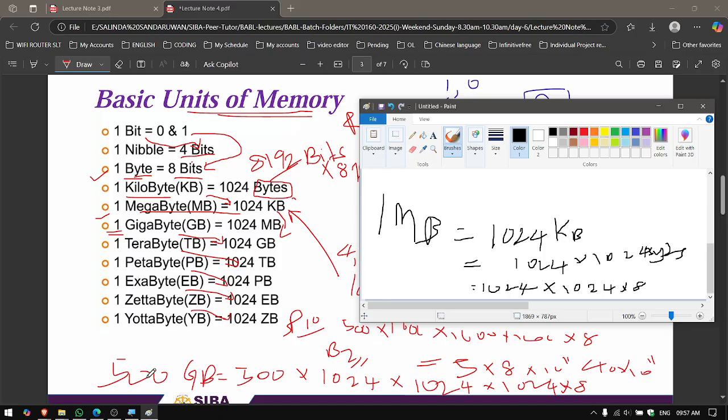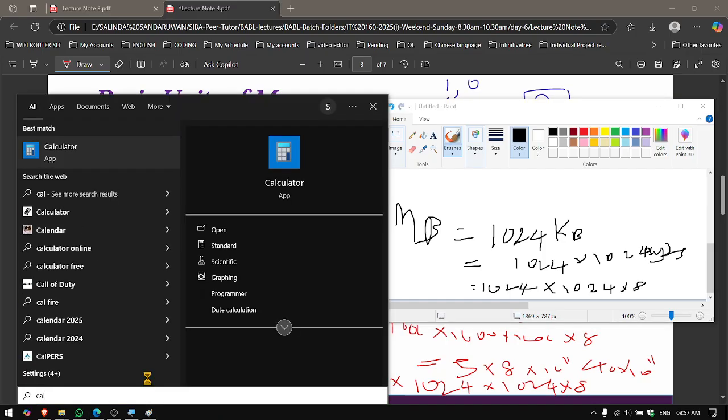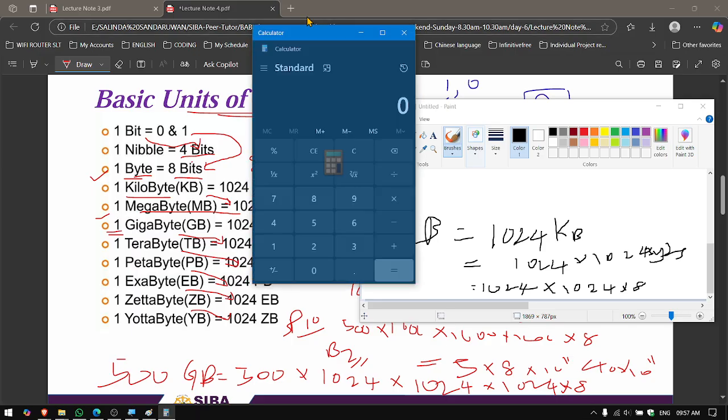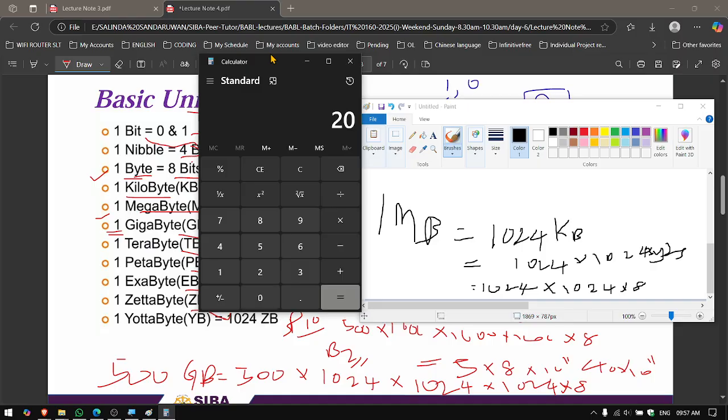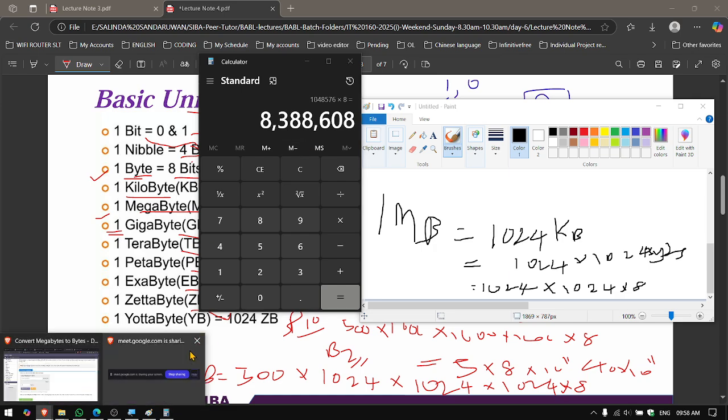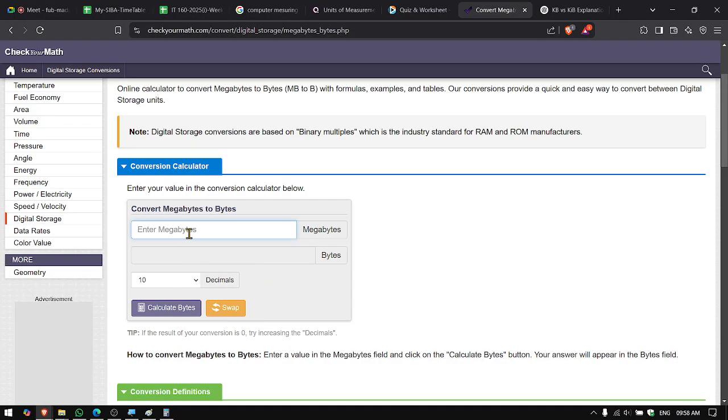So you can convert, right? 1024, 1024, 8. It's going to be 8,388,608. Let's check whether it's correct or not. Here 1 megabyte, it's going to calculate to bytes.